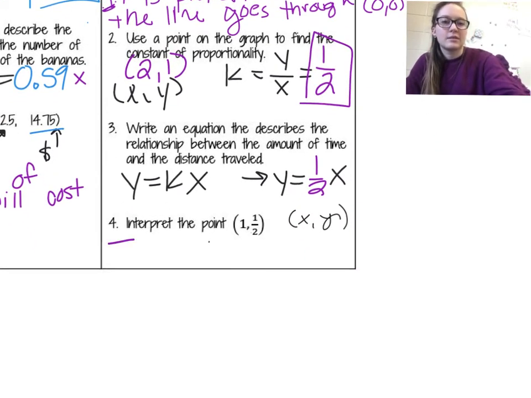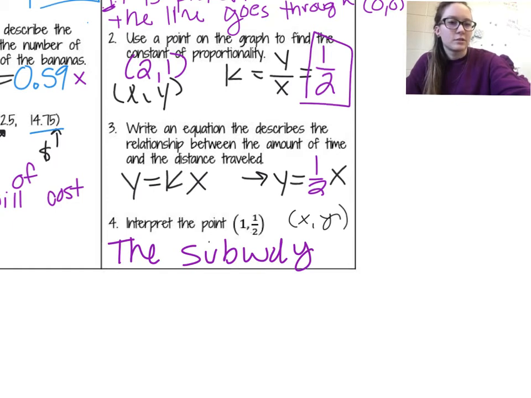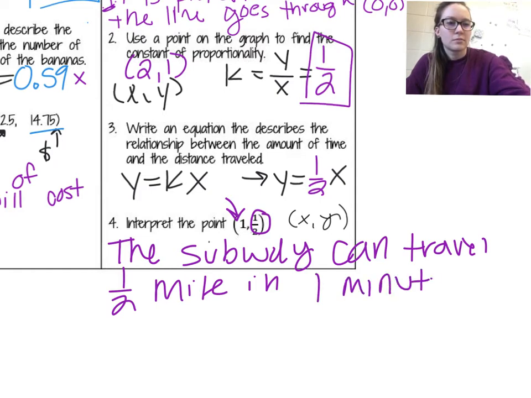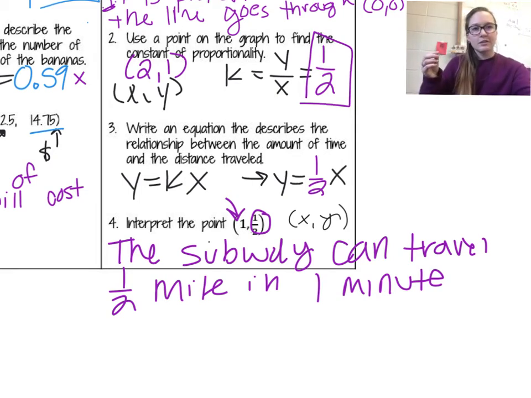So we're going to say the subway, I should write smaller, can travel. Our y value is miles, so 1/2 a mile in, and our x value is our time in minutes, so in 1 minute. That's it. All right, flip over to the other side on your homework. I'll do a couple practice problems with you, and then you're good to go.